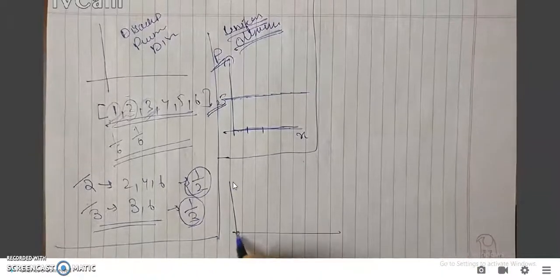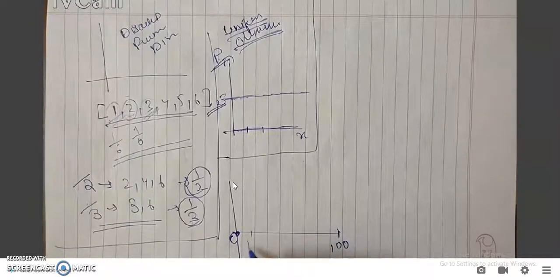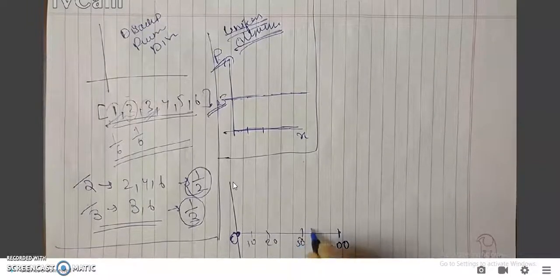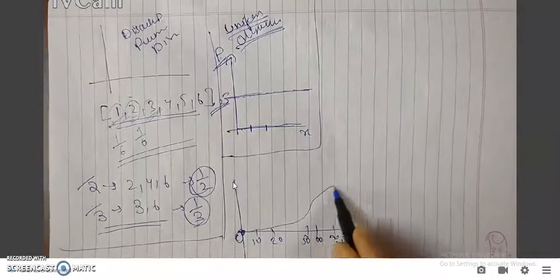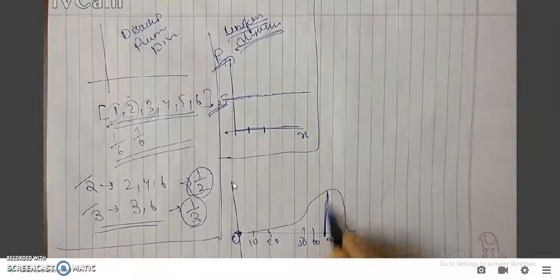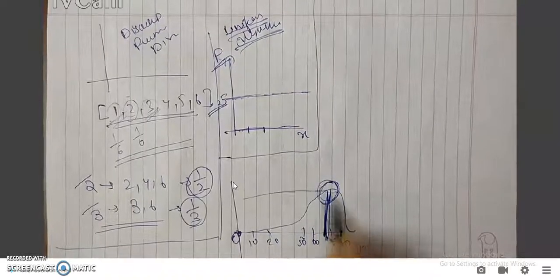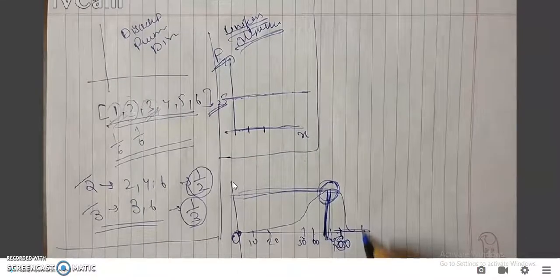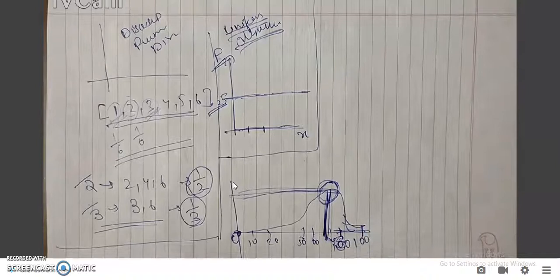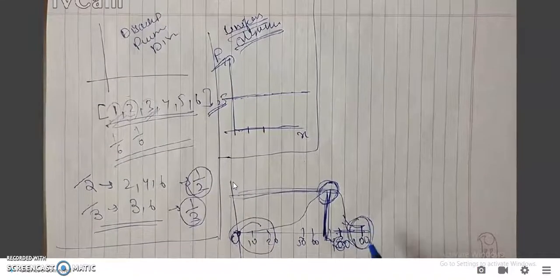Suppose the marks distribution is from 0 to 100, 10, 20, 50, 60, 70, 80, like that. The marks around 70 would be very large. Between 60 and 70 the frequency would be larger, right? The probability of marks coming between 60 and 70 is very large because this is the mean of the marks of the students, and the marks that are very low or very high are very rare, right?